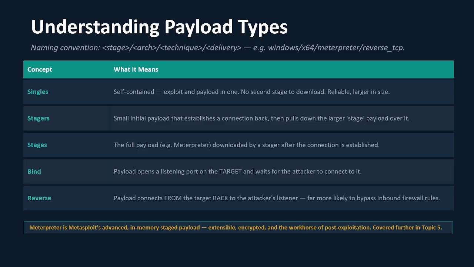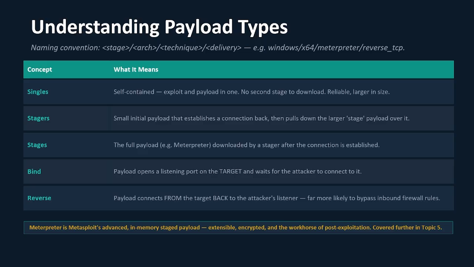There are stagers which will have a smaller initial payload. Once you get that connection back, then it will run a different larger stage payload there. A stage is going to be the full payload downloaded by the stager after the connection is established. There's a bind which can open up a listening port on the target and wait for the attacker to connect to it.